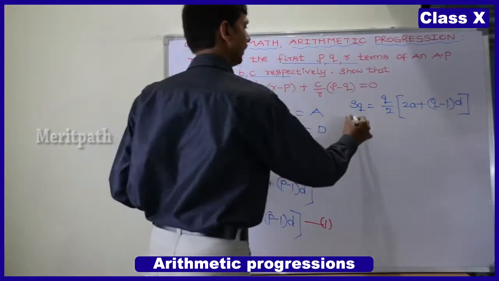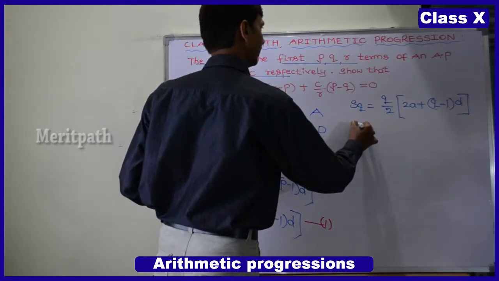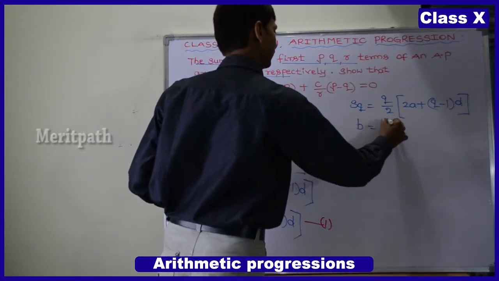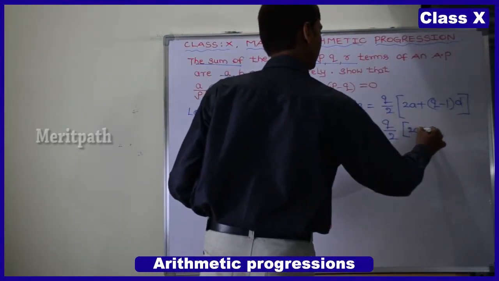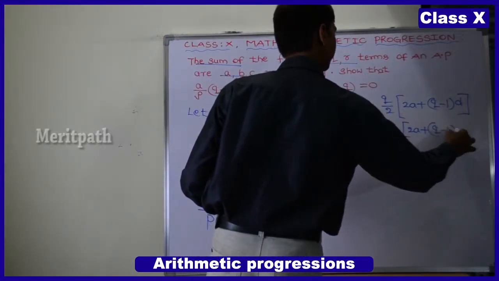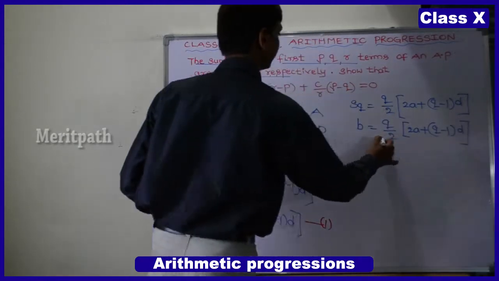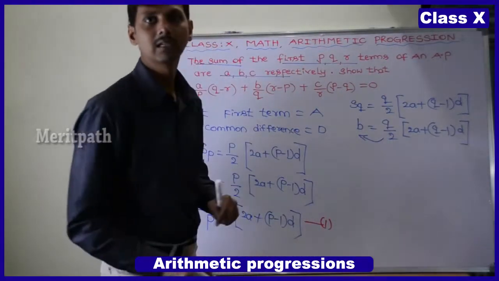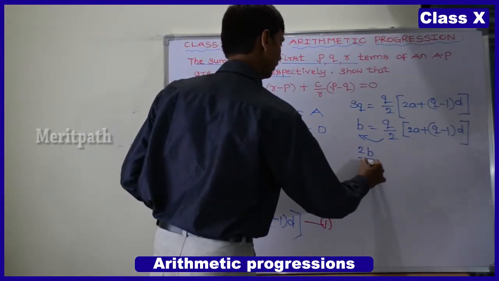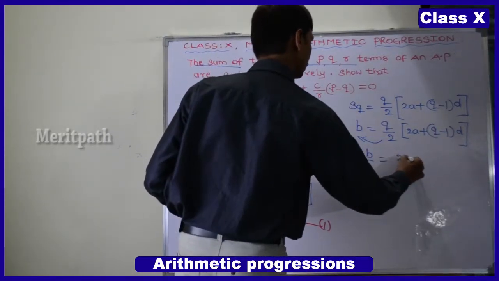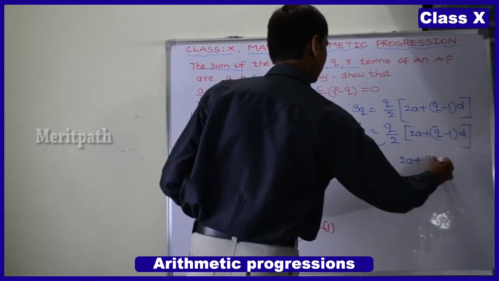So in the place of Sq, we write small b = q/2 [2A + (q − 1)D]. When we transpose q/2 to the left-hand side, it becomes 2b/q = 2A + (q − 1)D.